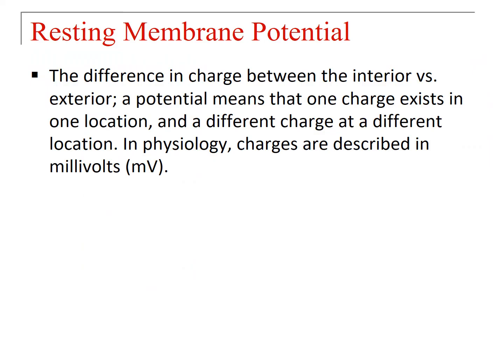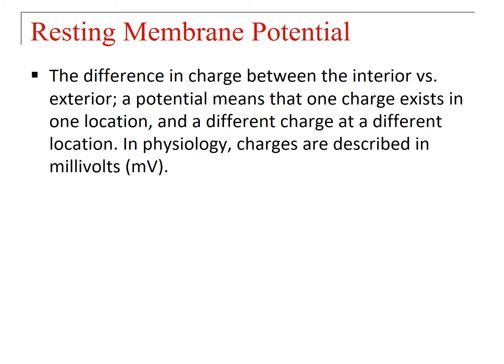Okay, now when I talk about a difference in charge in interior versus exterior, when we talk about a resting membrane potential, let's talk about a little bit of terminology here. A potential means that one charge exists in one location and a different charge is at a different location.